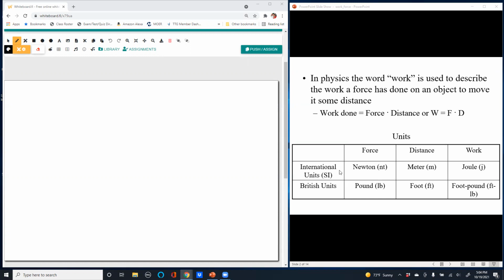So in international units, a force is measured in newtons, the distance will be measured in meters, and the work, remember, is force times distance gives the work. So the multiplication of something in newtons with meters gives joules. In British units, the units we're more familiar with, a force is measured in pounds.